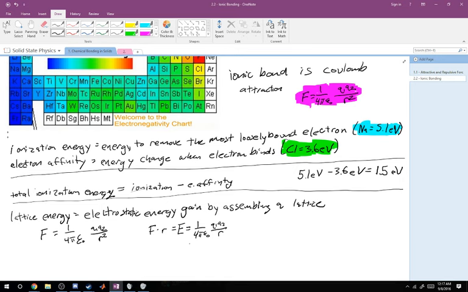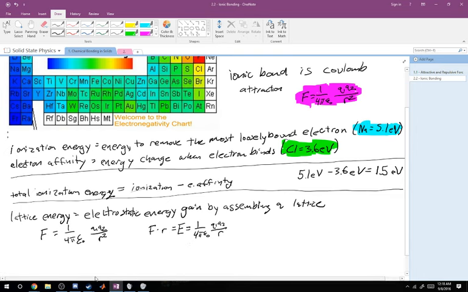So now we have two parts of this. We have total ionization energy, which is the energy needed to turn the atoms into the ions and then bond them. And then the lattice energy, which is the energy gained from assembling the lattice.